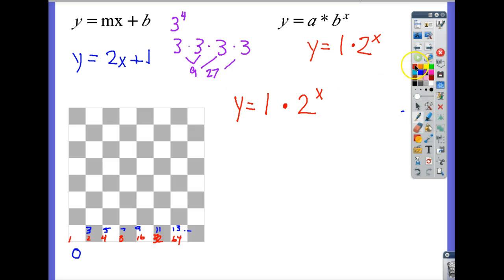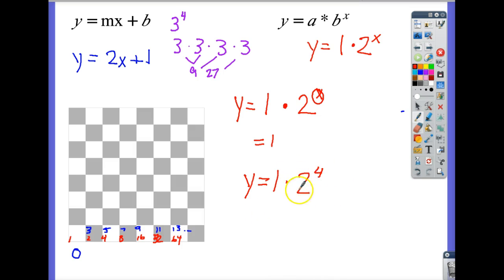So when you come here, this means I'm starting with 1, and then I'm multiplying by 2 this many times, right? Because if I start out at 1, then I would be multiplying by 2 0 times, which would be 1 times 1, which is 1. If I wanted the 4th block, that would mean y equals 1 times 2 to the 4th.